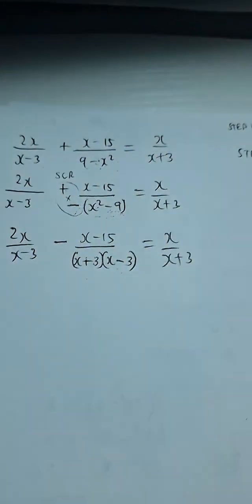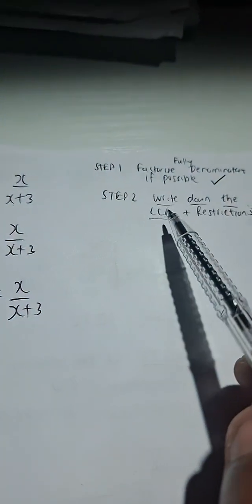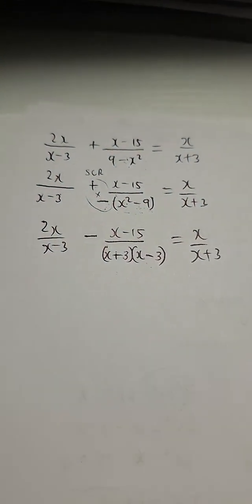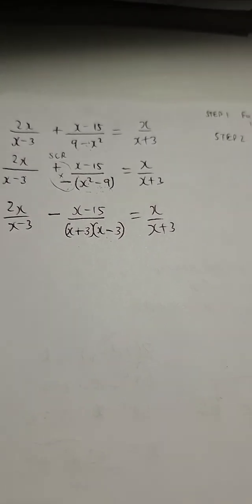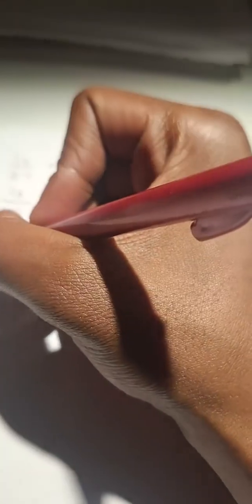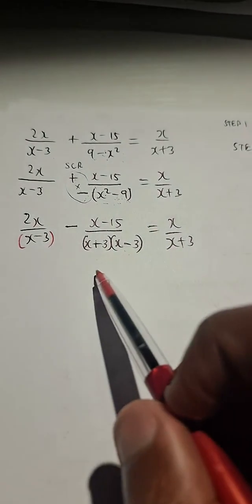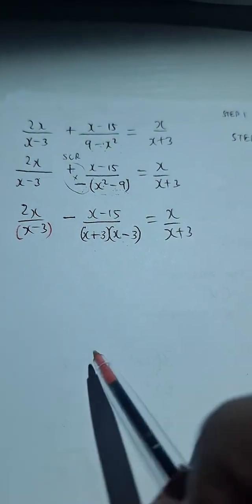The lowest common denominator. So common, but lowest common denominator. So if we come down to the denominator here, x minus 3, all right, x plus 3, x minus 3, x plus 3.